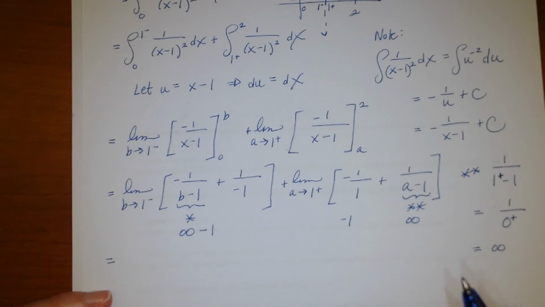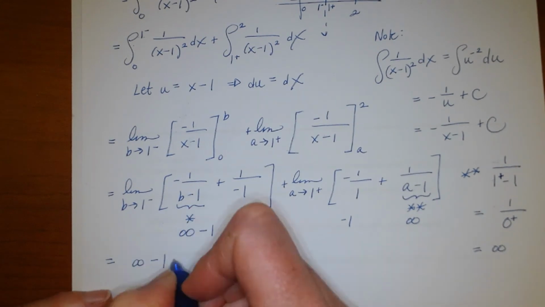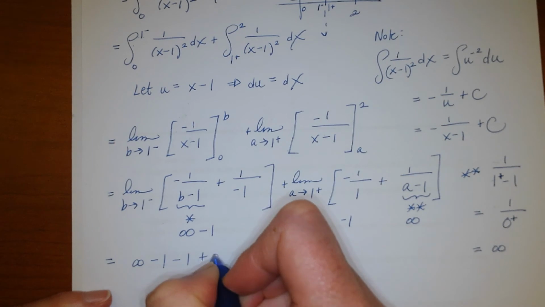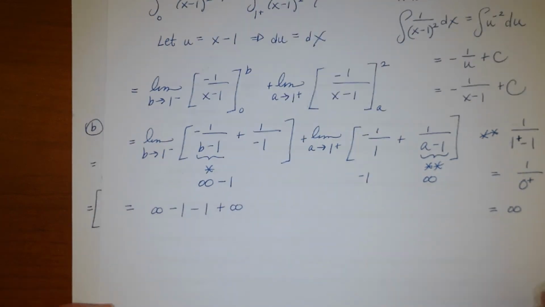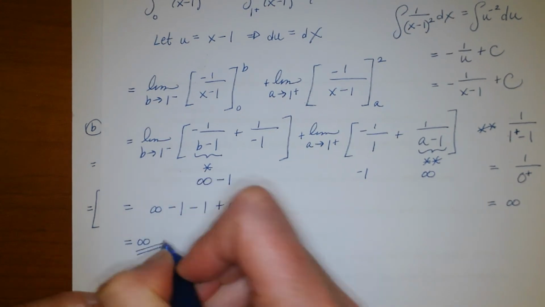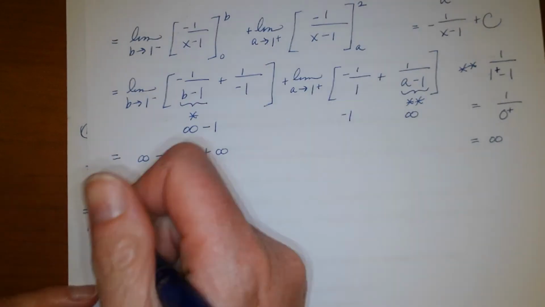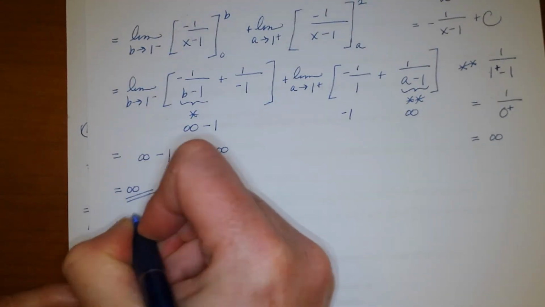All right, so what do we have? We have infinity, take away 1, plus infinity. All right, 2 times infinity, take away 2, which is infinity. And that is the long version of saying that the integral diverges.